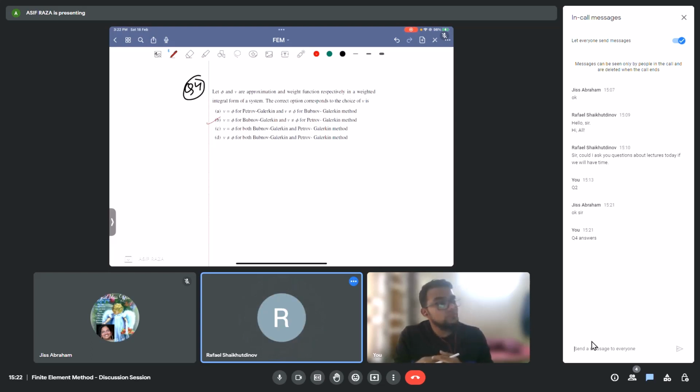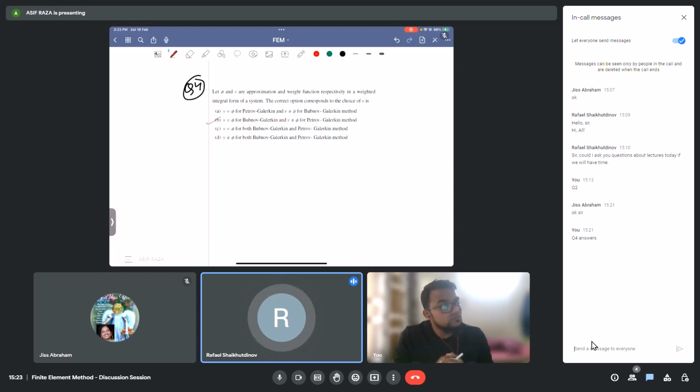We can arbitrarily choose the weight function, as we just need to create a system of linear algebraic equations.